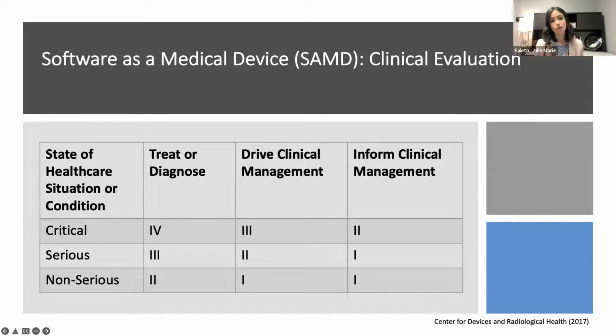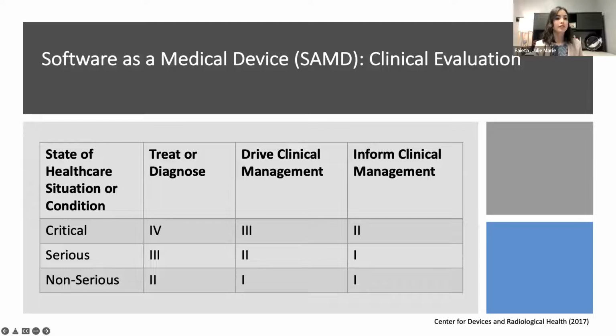Whereas if you move over to the right, drive clinical management, that's really talking about supporting a clinician as they practice or aiding them in something. It's not as much of a direct, immediate intervention. And then all the way to the right, informing clinical management, that's talking more about educating or providing information that can then be utilized. If you go to the y-axis, you see from top to bottom that the state of healthcare situation with the highest level of risk would be critical, all the way down to non-serious.